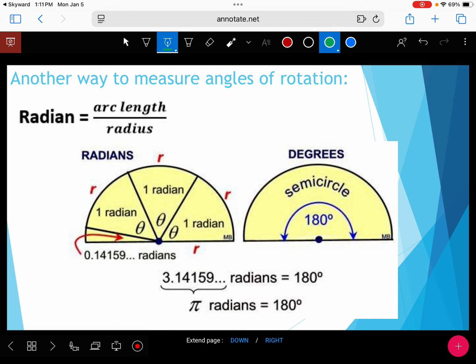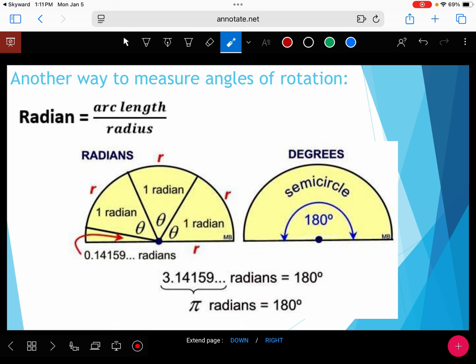So you don't need to copy this diagram down, but I just want to show you, if you were to create a circle with a radius of 1, that's what radian stands for, a radius of 1. If I were to measure the circumference from here to here, it would be 3.14, which is pi.